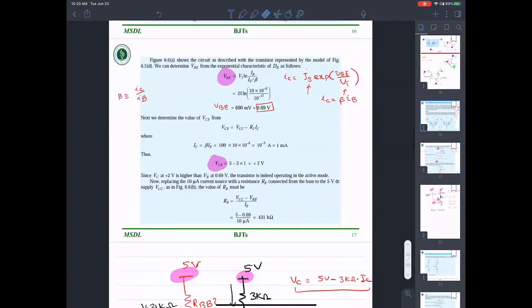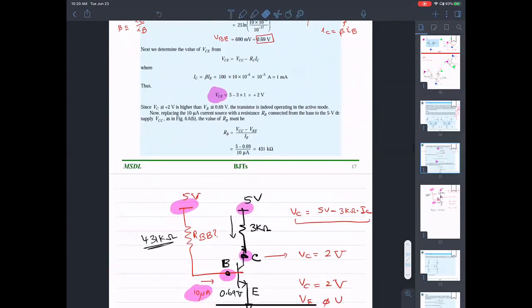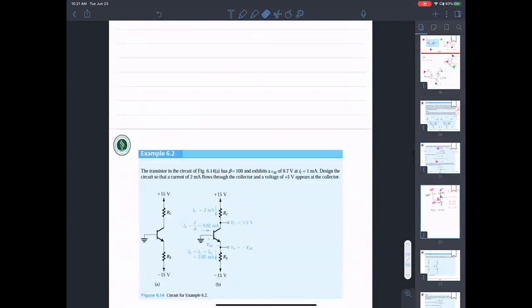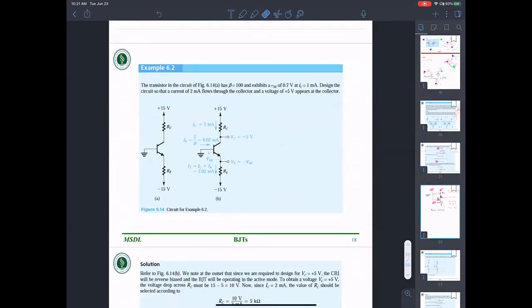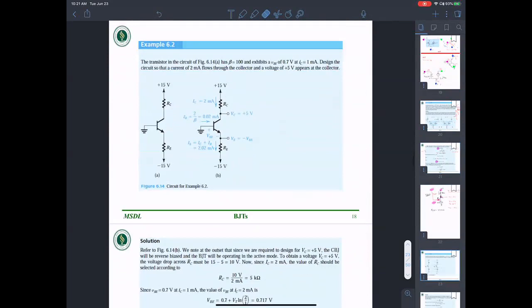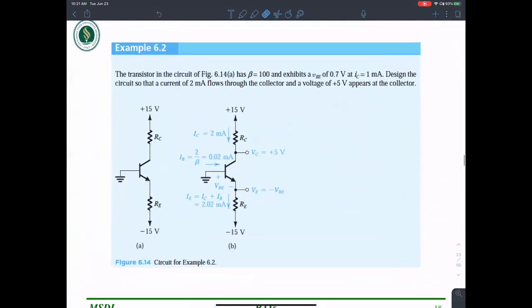Let's see if we can do another problem. This time I don't like annotating on the same slide, so let me write it out on a separate page. This is example 6.2.